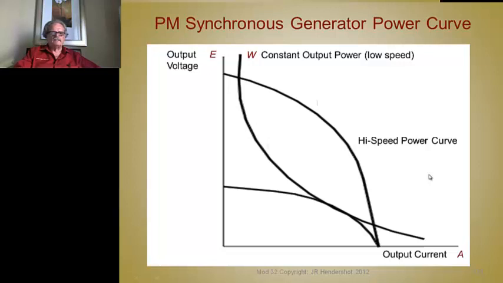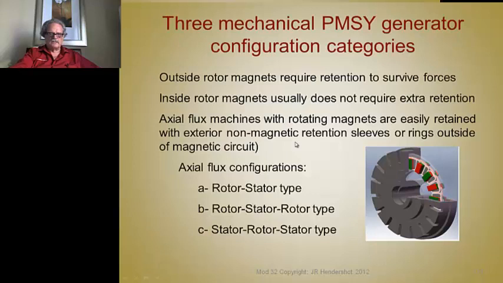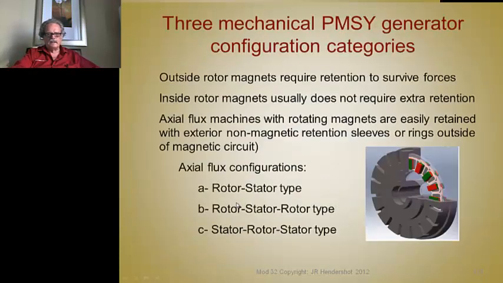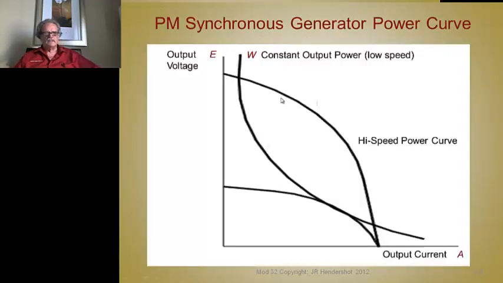The power curve for a generator, particularly this type of machine, looks like this. Here's the voltage, and there's the output current, and the power is this curve here. So the peak power occurs there.